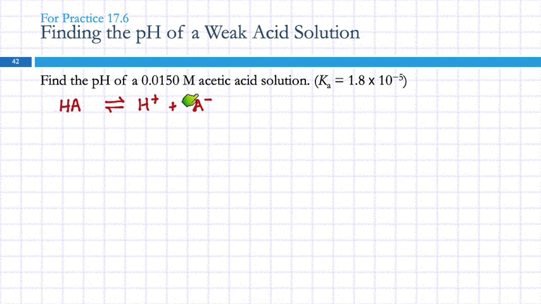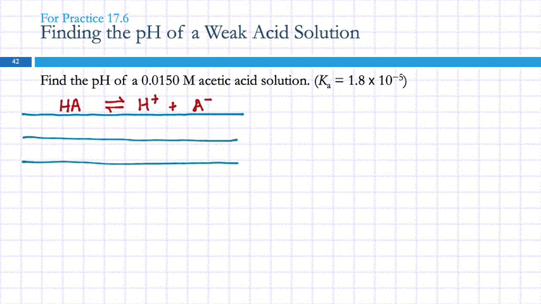So this equation applies to most weak acids, and it's less writing because we don't have to do the HC2H3O2 thing. If you want to write the complete formula, no problem.